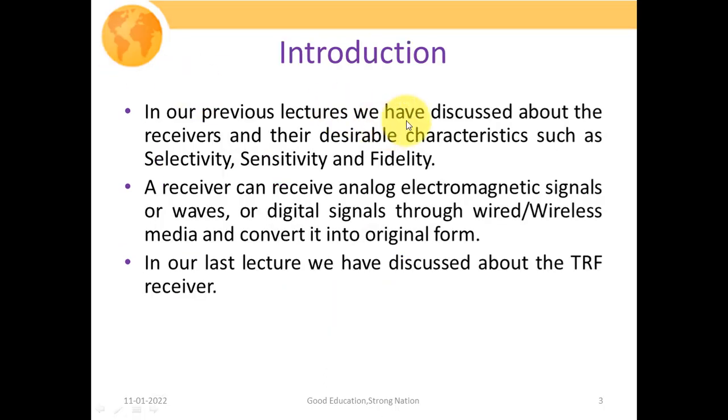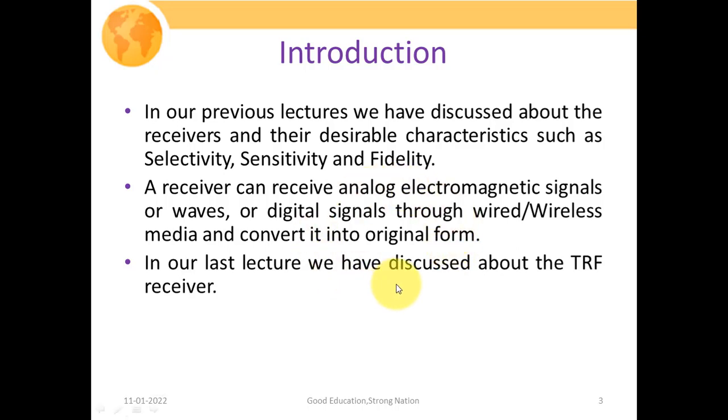So in our previous lectures we have discussed receivers and their desirable characteristics such as sensitivity, selectivity, fidelity, etc. A typical receiver can receive analog electromagnetic signals or waves, or a digital signal, through a wired or wireless medium, and it has to convert it into the original form. This is a typical receiver's functionality that any receiver must do.